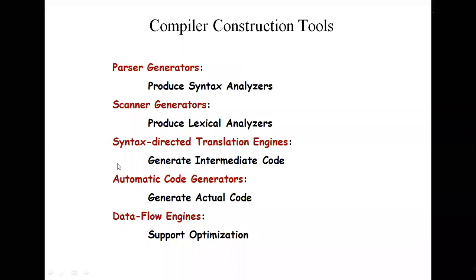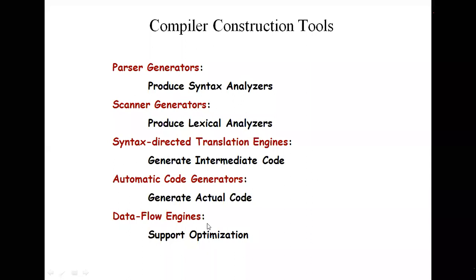This is the clear description about each and every tool. Here we have 5 tools. The first one is a parser generator, the second one is a scanner, the third one is a syntax directed translation engine, and the next are the automatic code generator and the data flow engines.